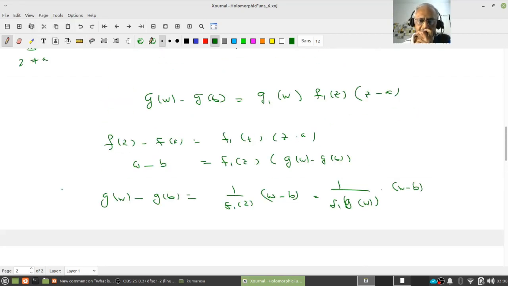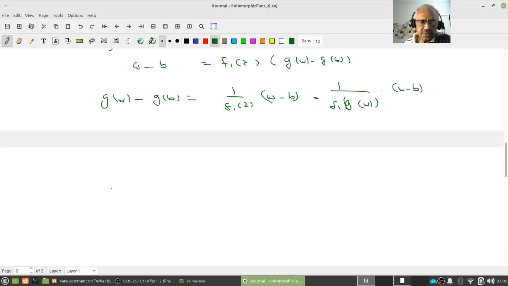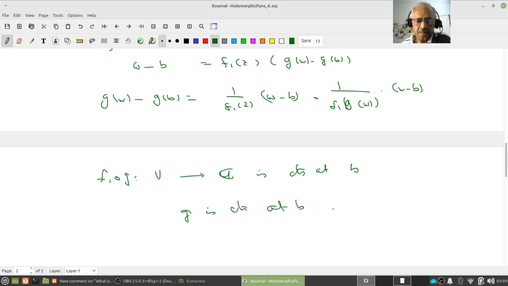Okay, yes. Now this is what is the f1 of g from b to u. This is continuous at, see, remember g is continuous, right. g is continuous at w, and g of w will be z, therefore this is f1 of z, therefore this is continuous at b, because g is continuous at b, right.